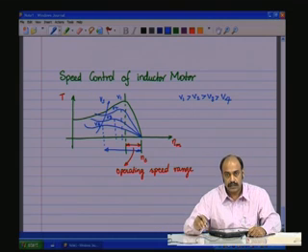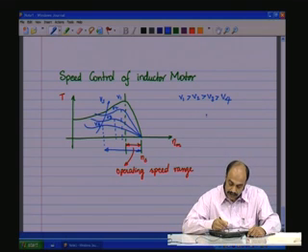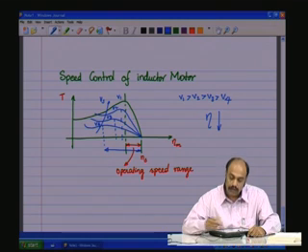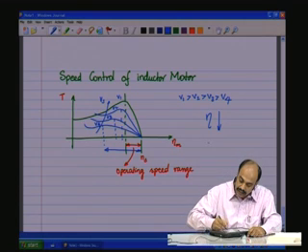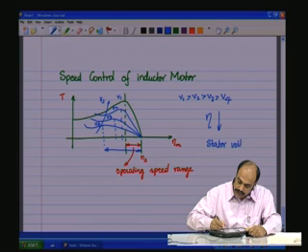For the same load, the current increases for the given lower voltage, and therefore the I square R losses increase, and as a result the efficiency will come down by just reducing the stator voltage. This method of speed control is called stator voltage speed control.